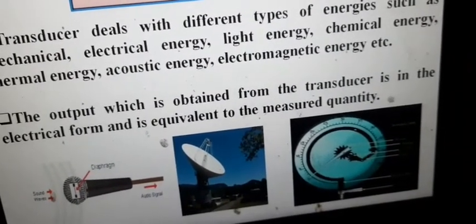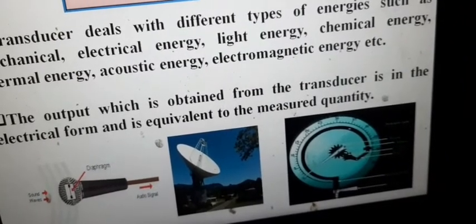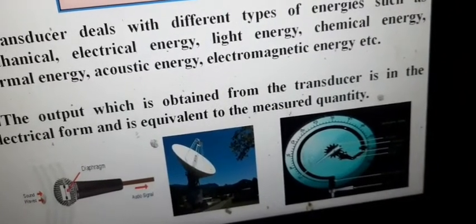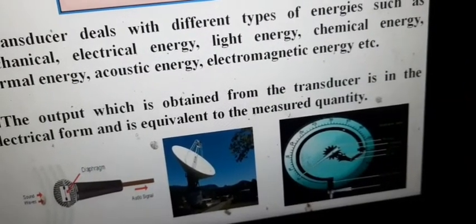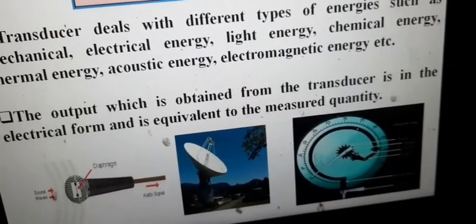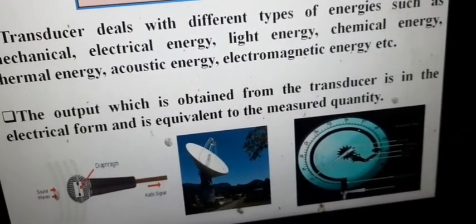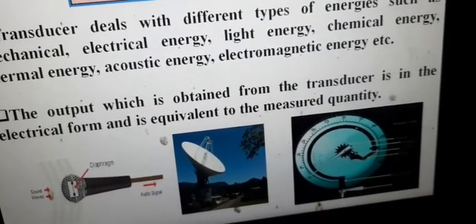So antenna, basically what it does, it converts either electromagnetic wave into an audio signal or any form which is understood by you, or it converts audio signal into electromagnetic wave.